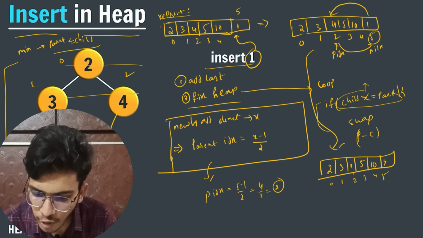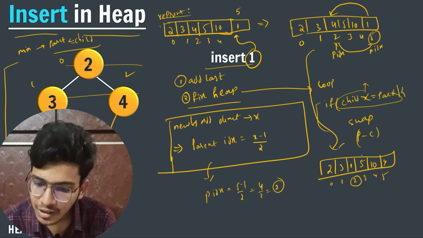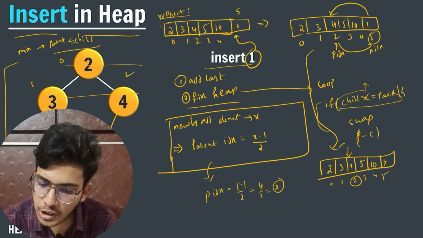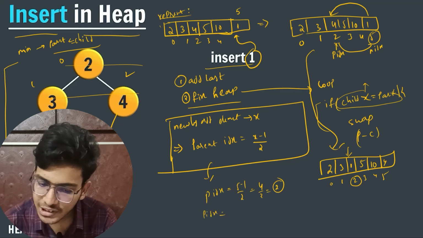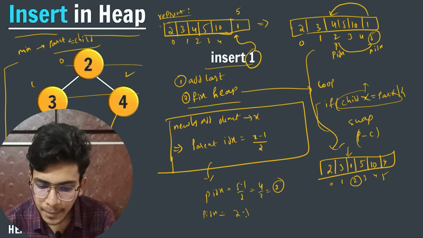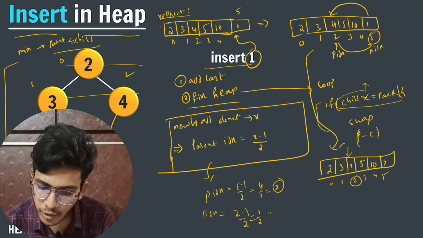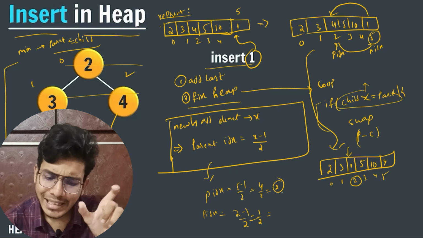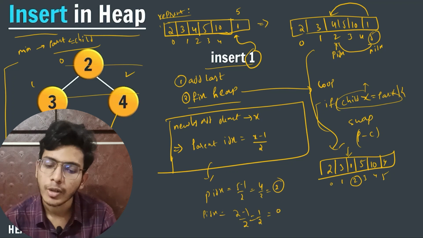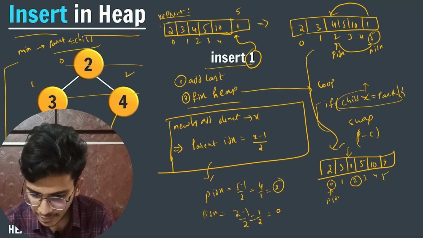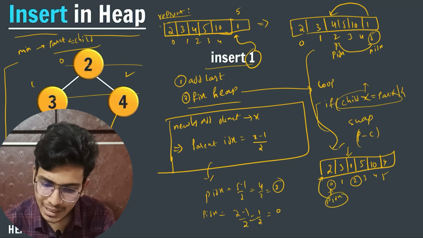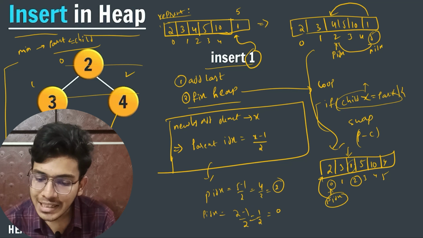So this is my child node, and I will check its parent. Here the child index is 2, so the parent index is 2 minus 1 divided by 2, that is nothing but 1 by 2, and I am only taking the whole value, so this will give me 0. So this is the parent index. Now you can see that the parent value is greater than the newly added element.